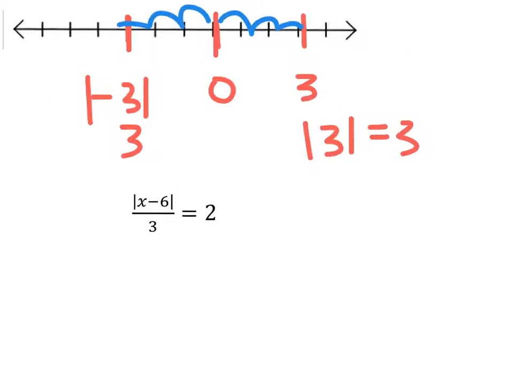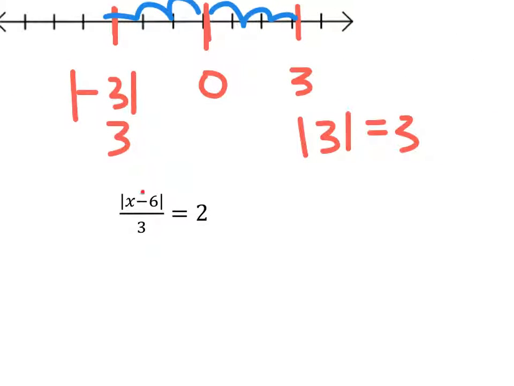Okay, third one. Trying to get the absolute value by itself, so what you want to do is multiply both sides by 3. So these will cancel out. So I have the absolute value of x minus 6 equals 6.